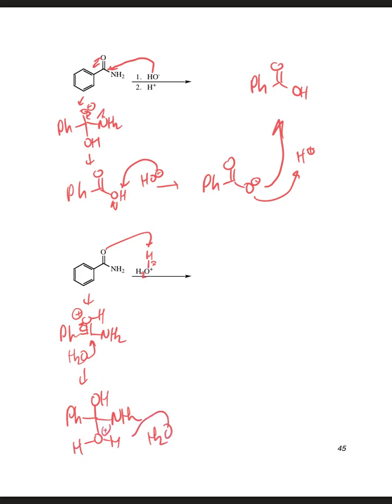We can remove the extra hydrogen to give us the neutral. We can protonate the wrong thing. Protonate the nitrogen, because that's what we need to get rid of.